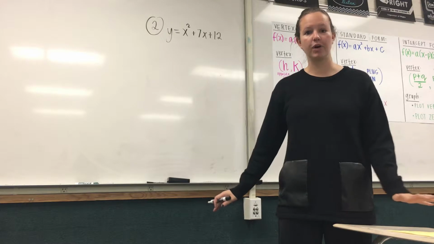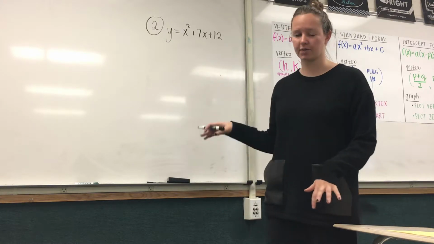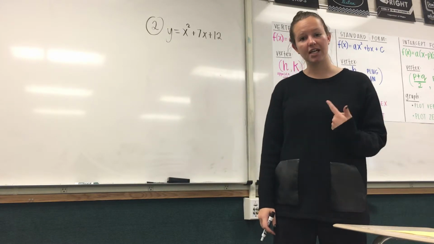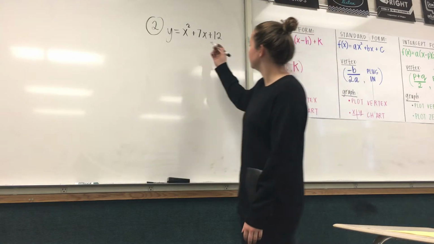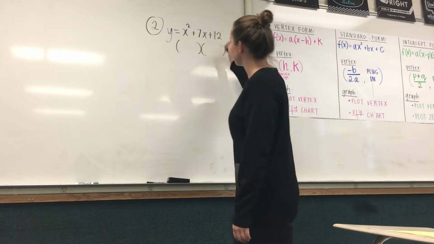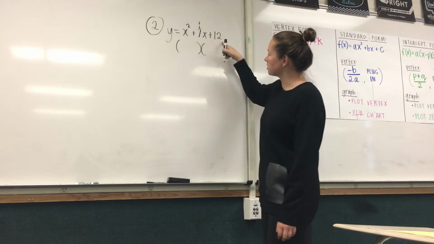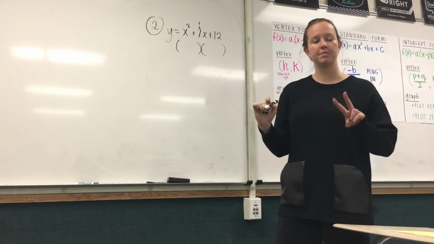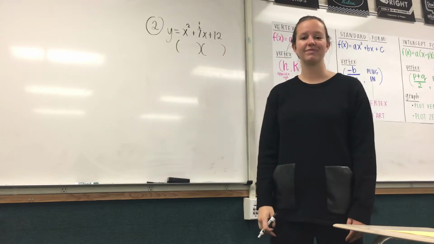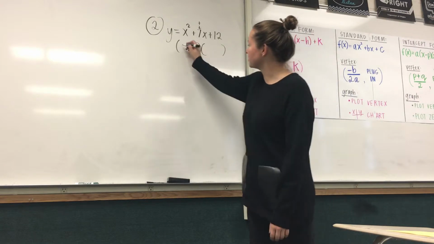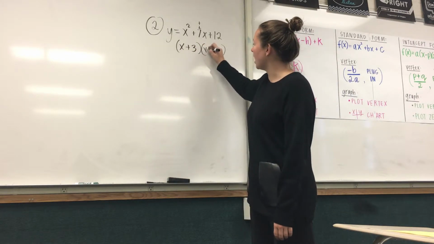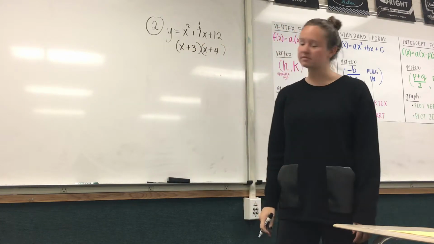If you don't know what intercept form is, that's fine, just use an XY chart. But if you can, factor it. So what two numbers add to 7 and multiply to 12? 3 and 4. So your answer should be x plus 3 and x plus 4.